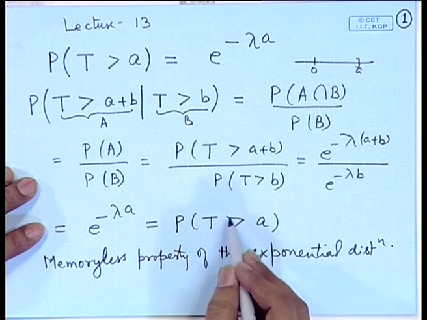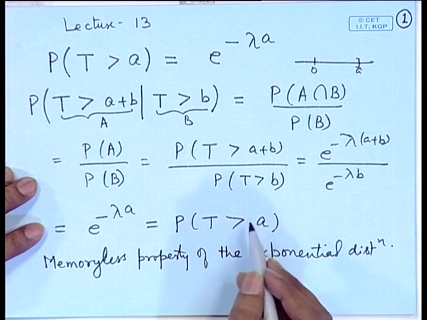So, if we consider the occurrence to be, say, failure of a certain component in a mechanical system, and if we know that the system has not failed till that time, then the probability of failure after a certain time is the same irrespective of the starting point.